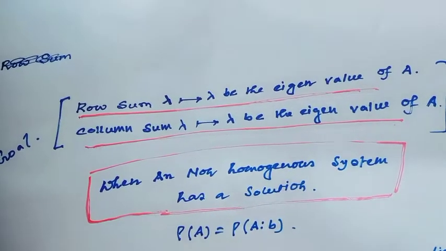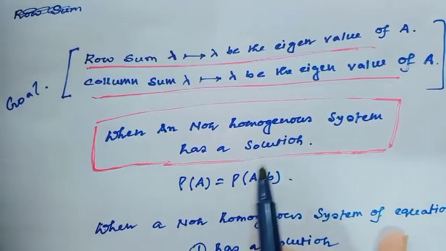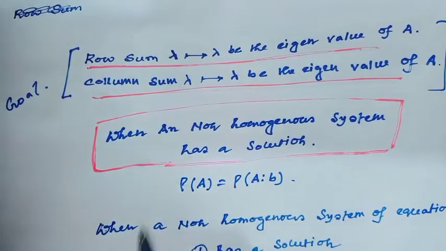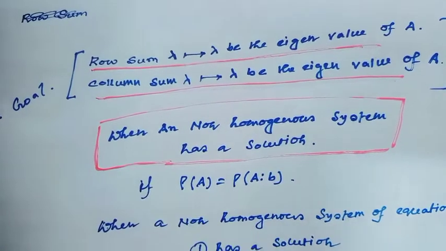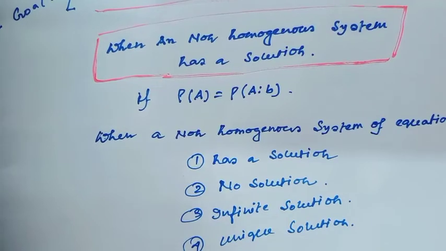Okay. Our next goal is, I will say when a non-homogeneous system of equations has a solution. All of us know if rank of A equals rank of the augmented matrix, then there always exists a solution.